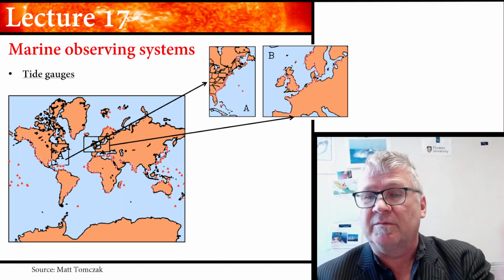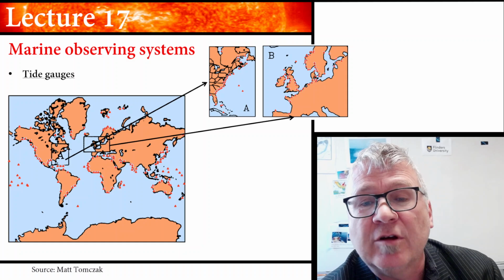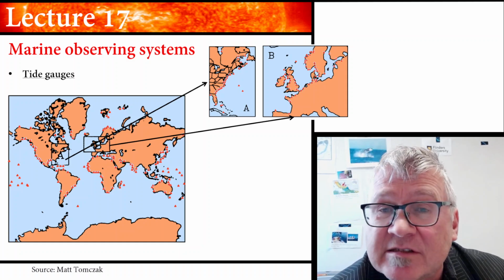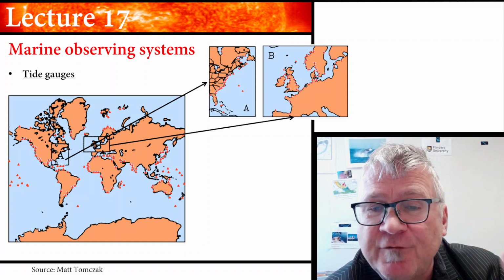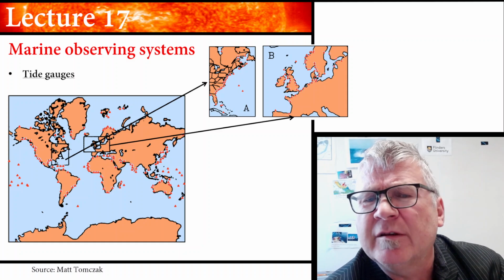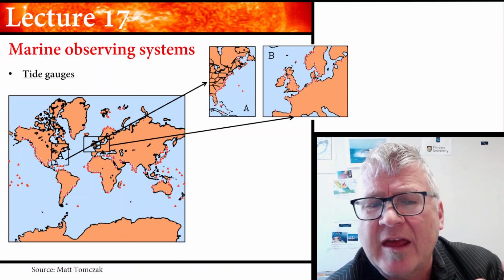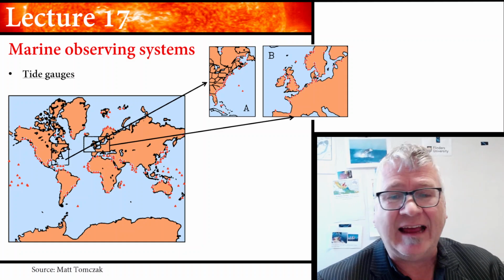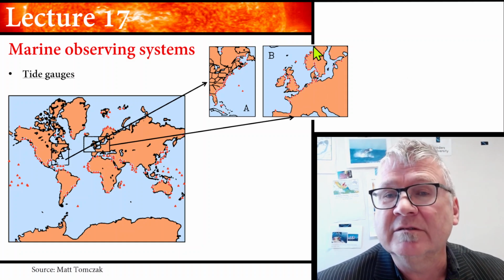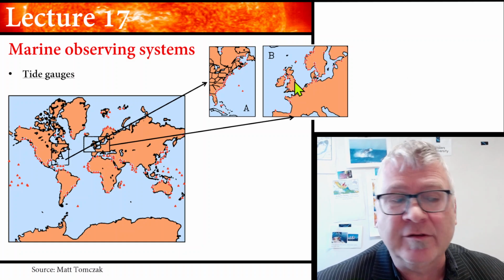So let's just look for completeness at a map of all the tide gauges that we have, so that you get a feel for it. Okay. It's very, very similar to weather stations. So you have a very high number of tide stations in northwestern Europe, around the North Sea.